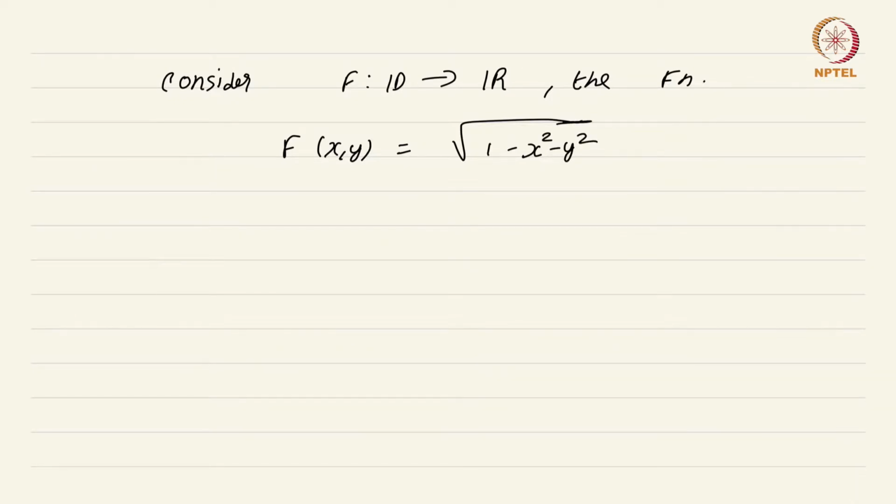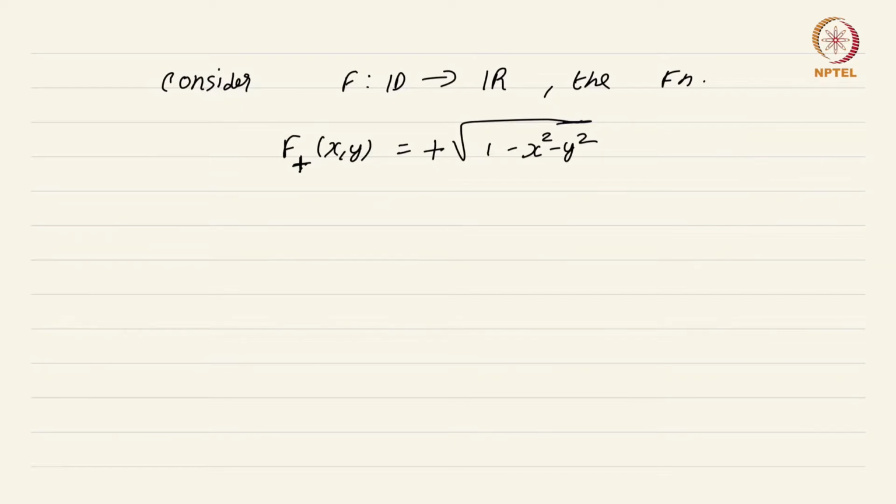To emphasize that I want the upper hemisphere, I put a plus sign to emphasize that this is the positive square root. So this function's graph is clearly the upper hemisphere.